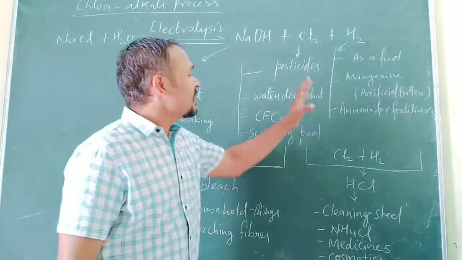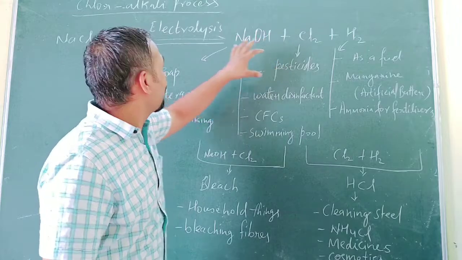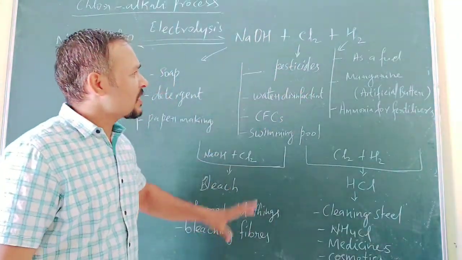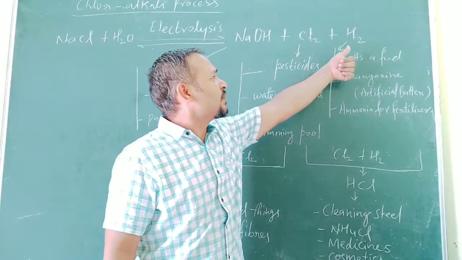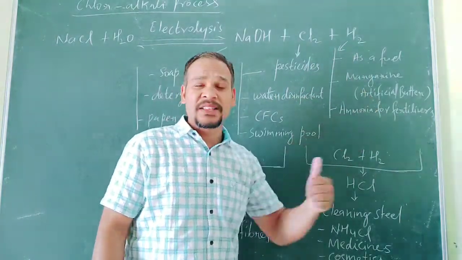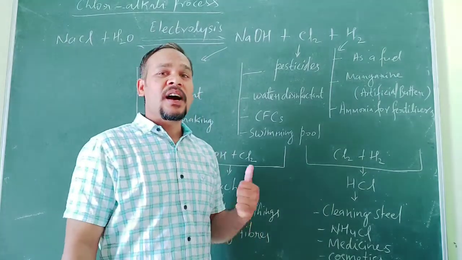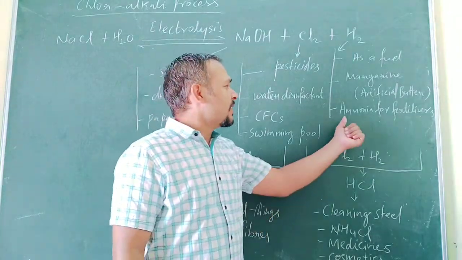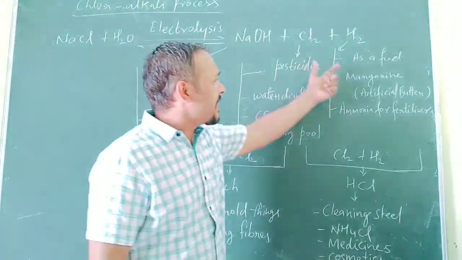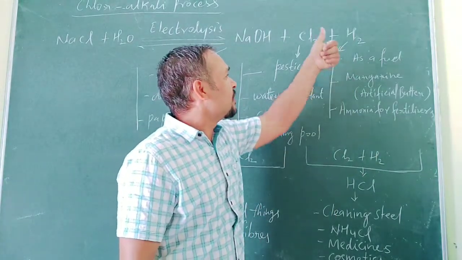The products which we get from this process are very important for many purposes. First, hydrogen is used as a fuel, and for margarine. Margarine is also called artificial butter. Ammonia, which is used for fertilizer, is also produced from hydrogen.